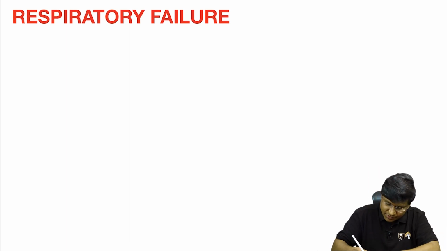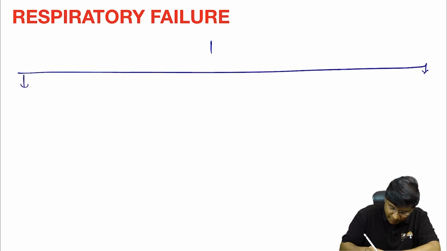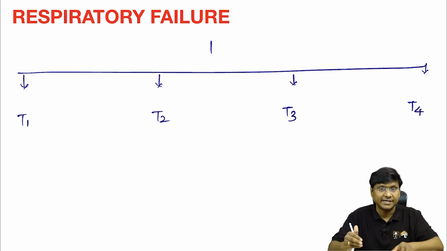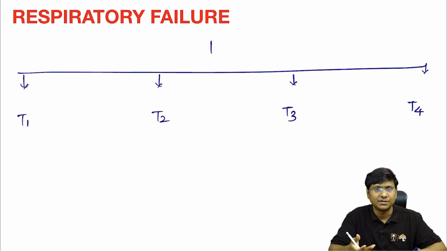If you take this topic of respiratory failure, we have 4 important types of respiratory failure. That includes type 1, type 2, type 3 as well as type 4 respiratory failure. In respiratory failure, the lung function is inadequate to meet the metabolic demands of the individual, and the lung is unable to maintain the normal arterial gas levels in the blood.